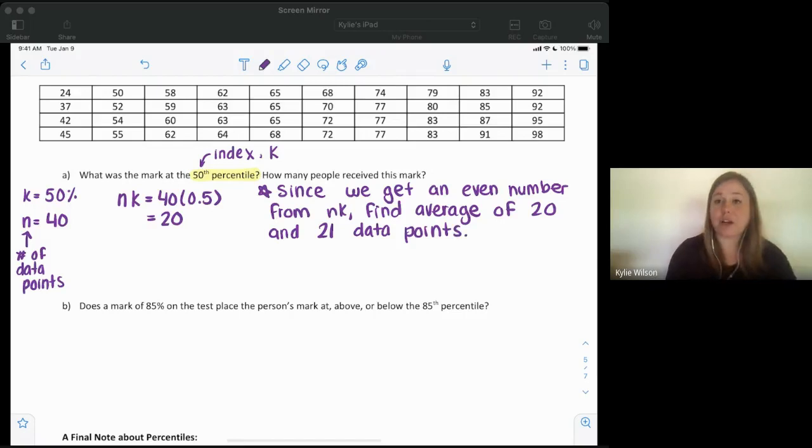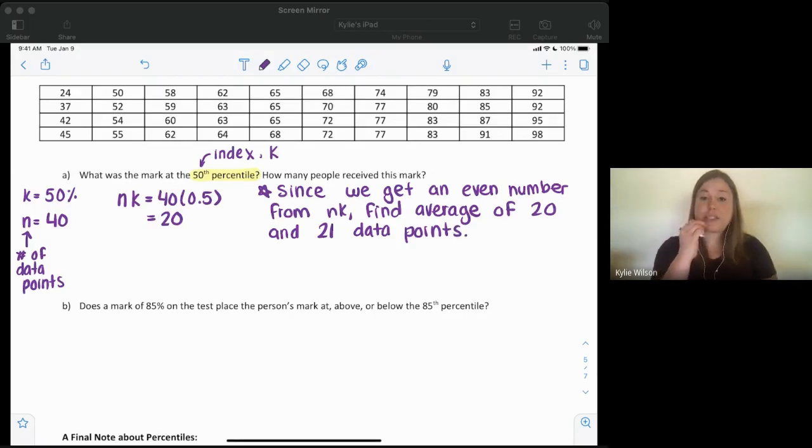Now, if we had an odd number here, we could just use that data point. But whenever we have an even number, it lands in between two data points, so we just need to take that into account. That's what we're doing.